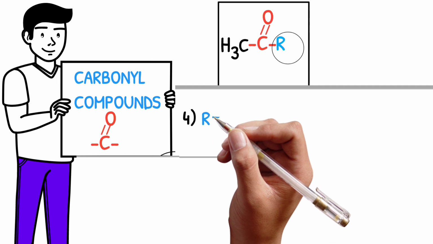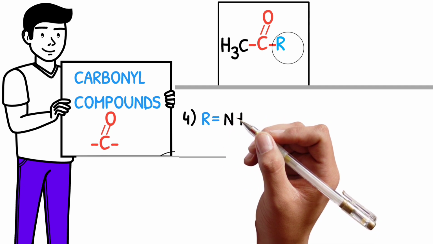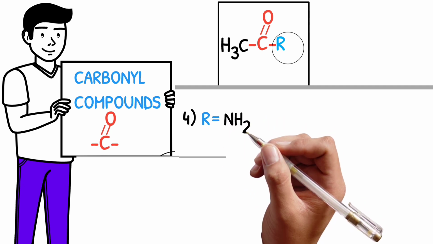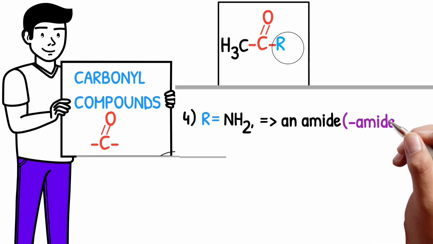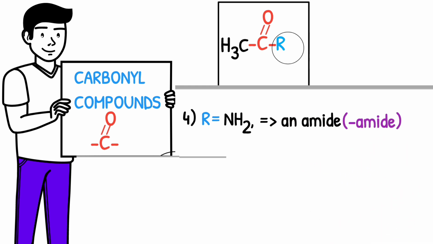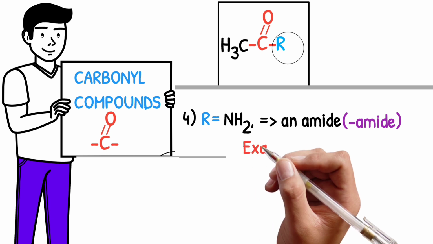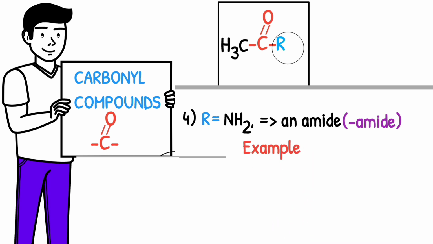When R equals NH2, what do we have? This implies it is an amide, and amide ends with the name amide.